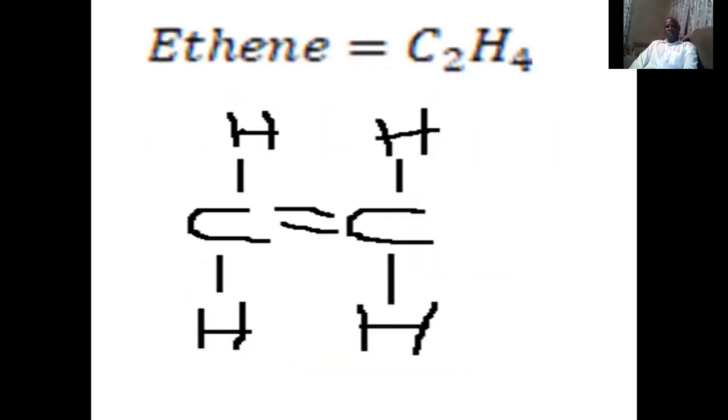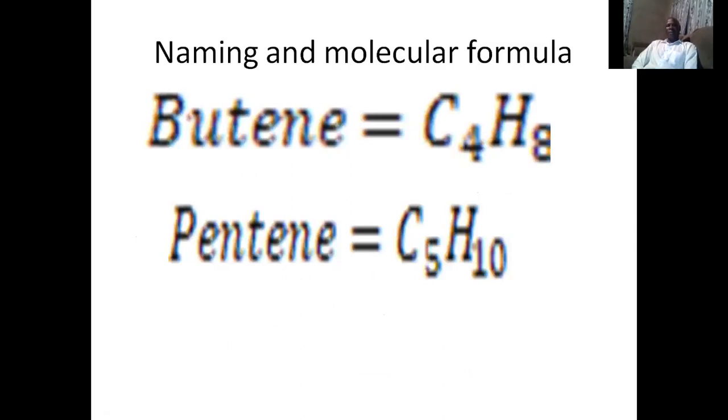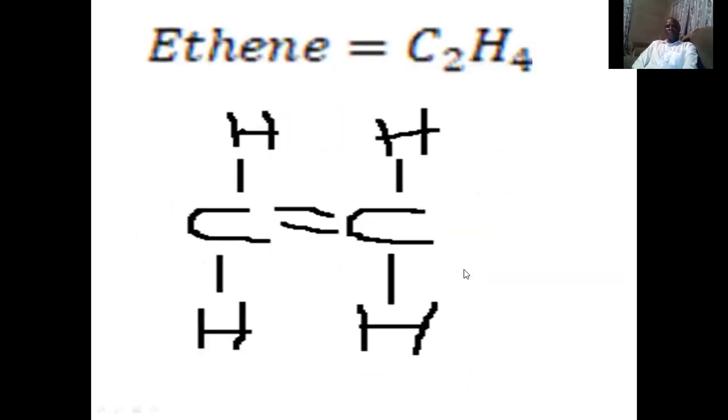So this is basically how we can name the alkenes, and then we derive the molecular formula using the general formula. So it's important that we reflect on the general formula because it helps us to name. And we said they end with the ENE, that's the alkenes.